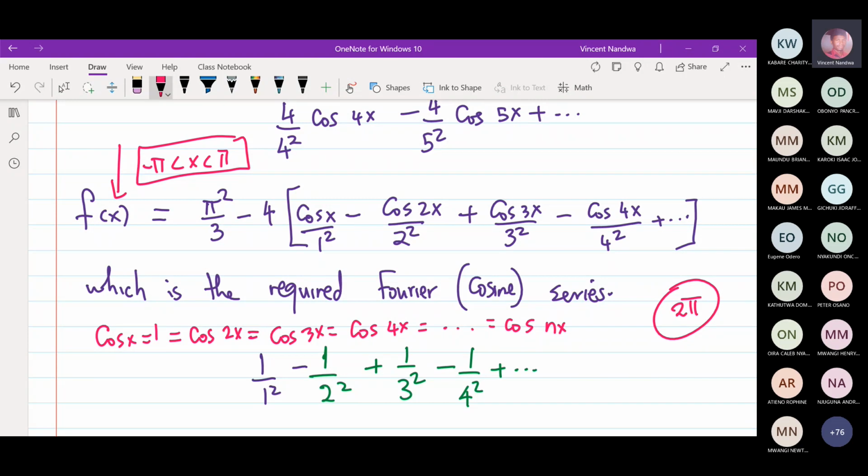Are we together? So 0 is actually a perfect candidate for this. It will always give us 1, and 0 is between minus pi and pi, so we can always calculate its value because the function is defined in that domain.